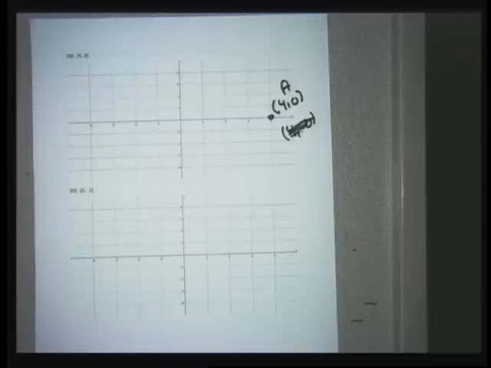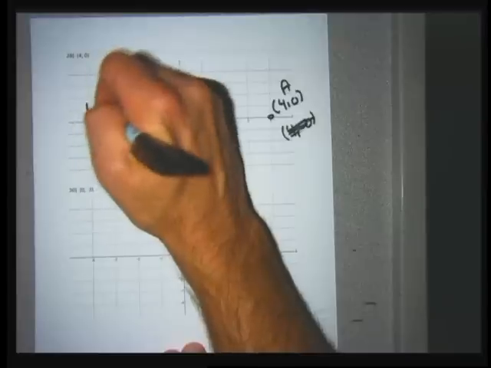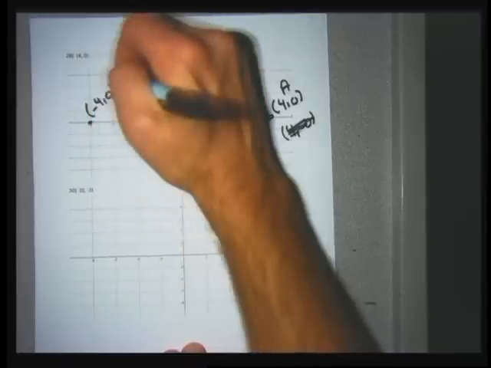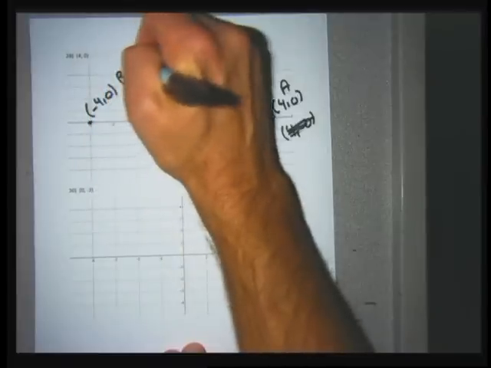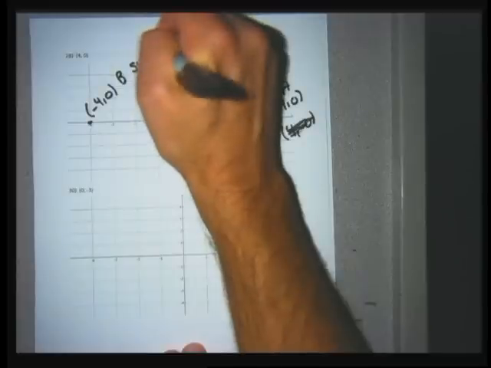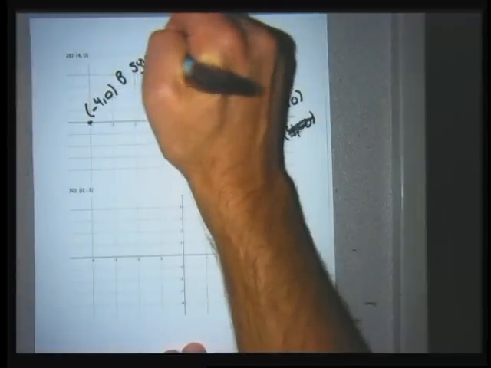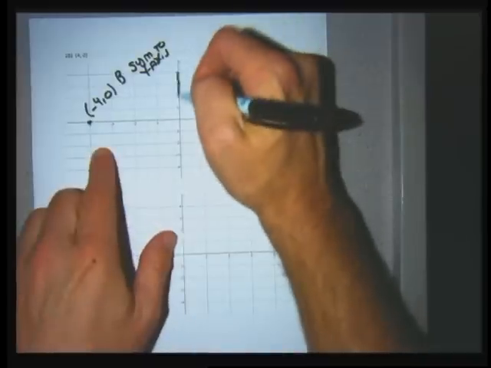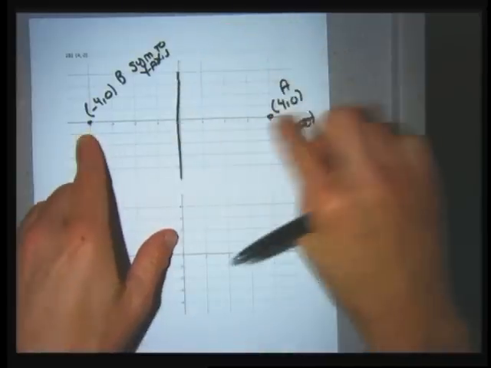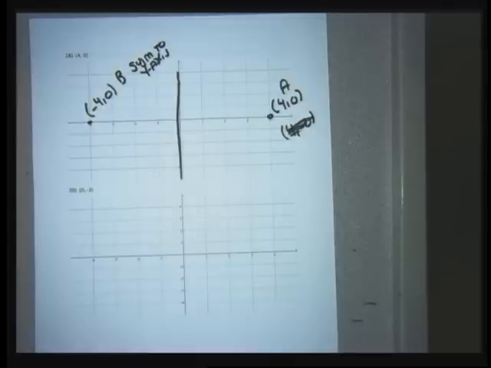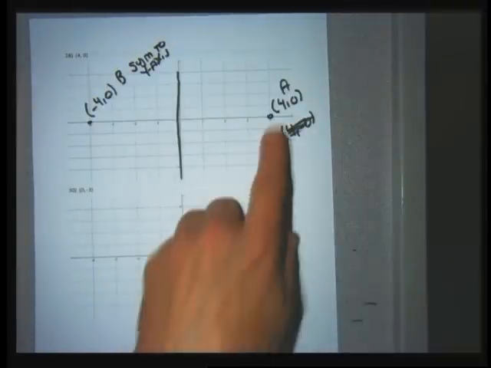For part B, I change the sign of the x and get the point -4, 0. That's the point for part B that's symmetric to the y-axis. If you look at those 2 points relative to the y-axis, it's kind of a mirrored image. And for part C, I change the sign of both the x and the y.